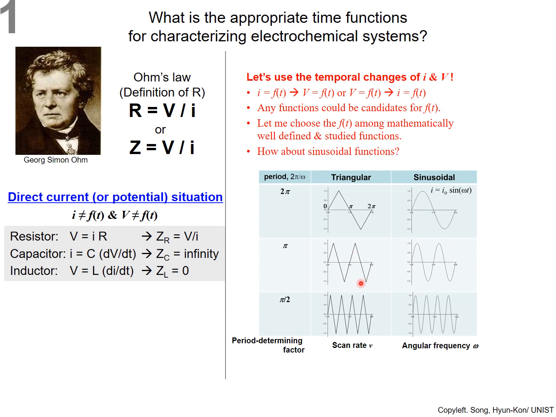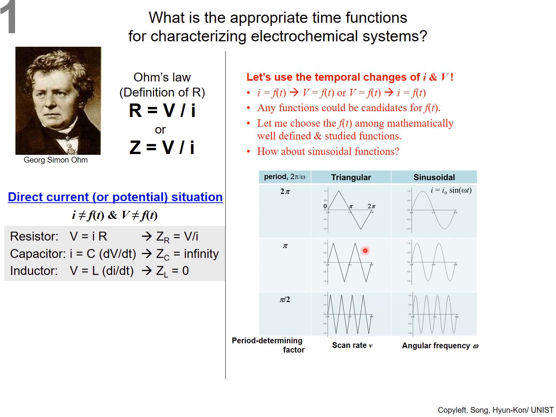Or when you increase the scan rate like that, then you have 1, 2, 3, 4 cycles there. Anyway, you could use the triangular functions of time for current and potential, and also you could control the scan rate V for changing the period of these periodic functions.